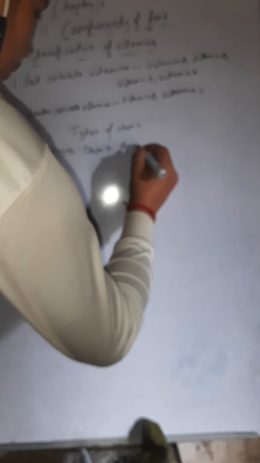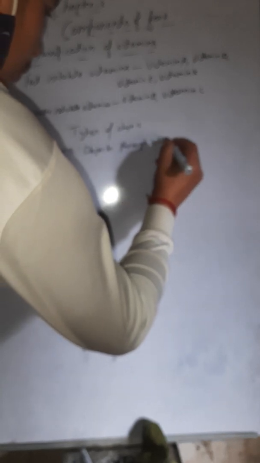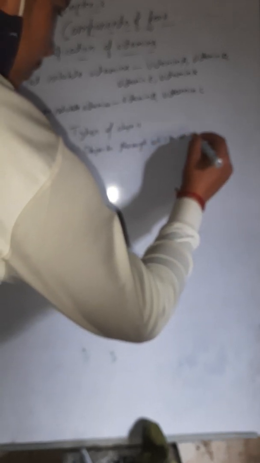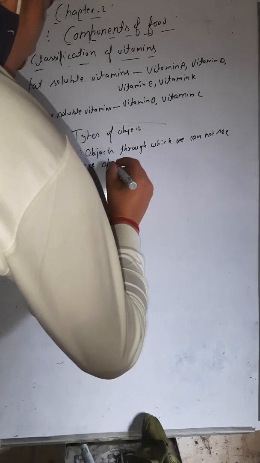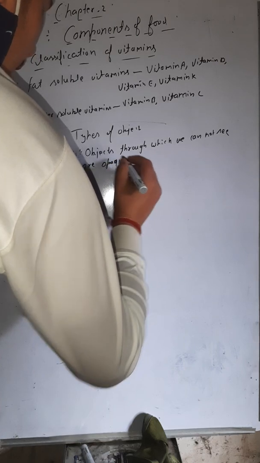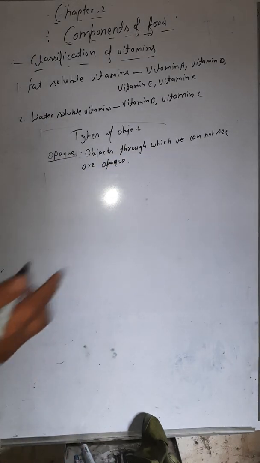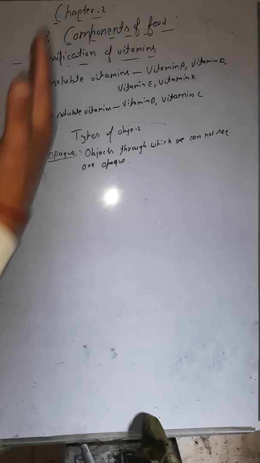So the objects through which we cannot see are known as opaque objects. Are you getting this? You can write here: objects through which we cannot see are opaque objects.